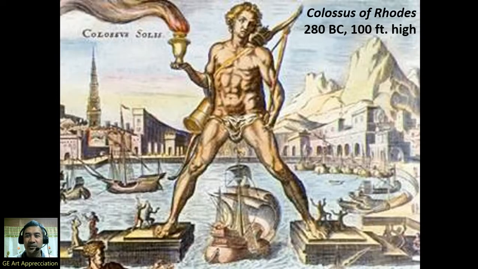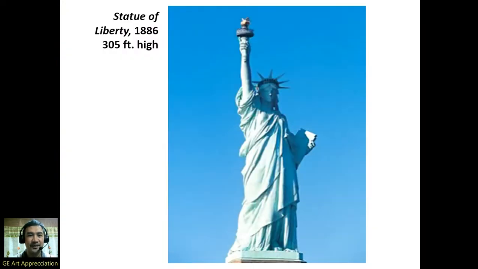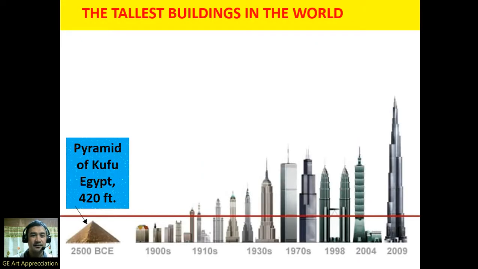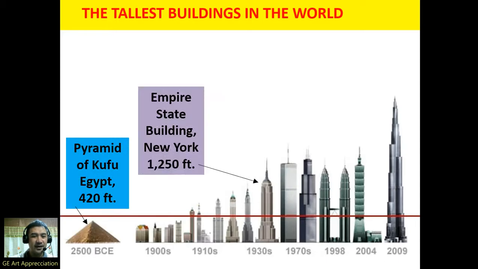This is the Colossus of Rhodes. During 280 BC, it has 100 feet high. The Statue of Liberty in 1886, it has 305 feet high. Okay, let's proceed to the tallest buildings in the world. 2500 BCE, yung pinakamalaking building sa buong mundo, it was the Pyramid of Khufu in Egypt.